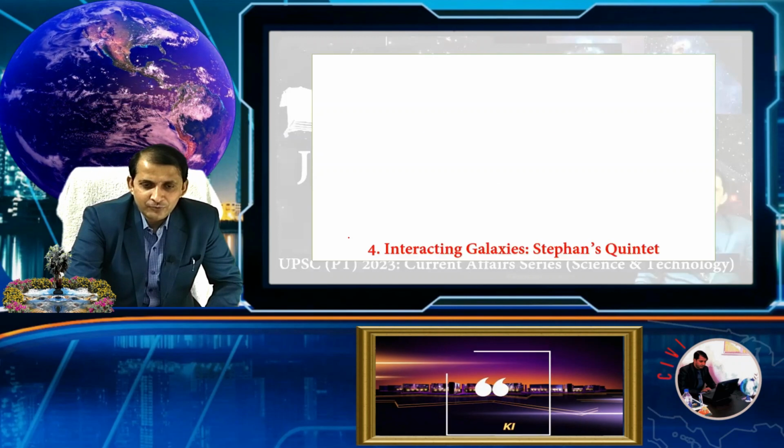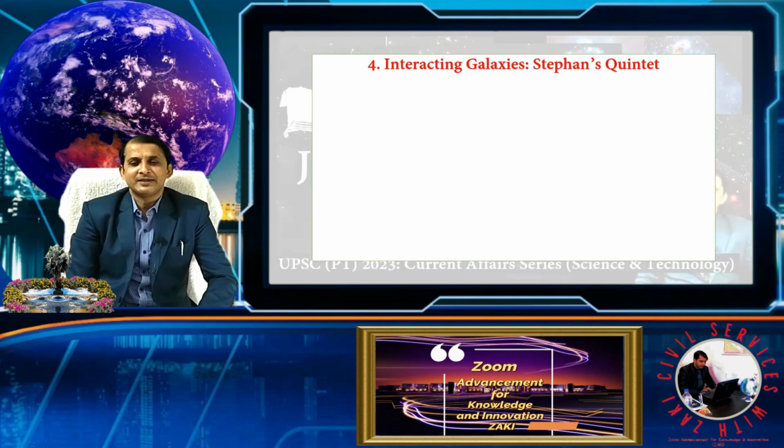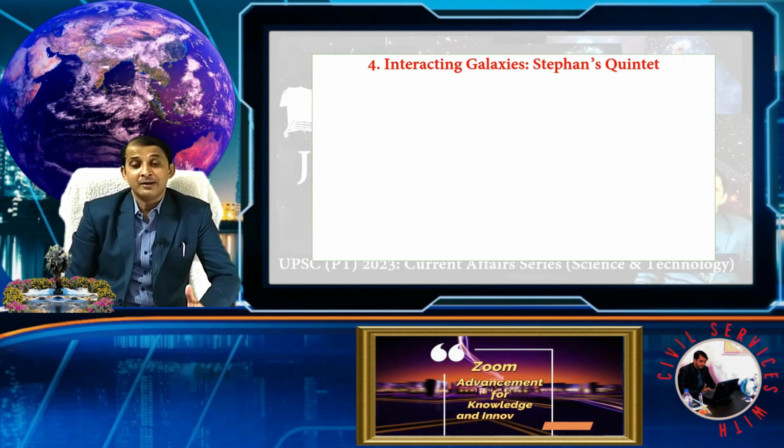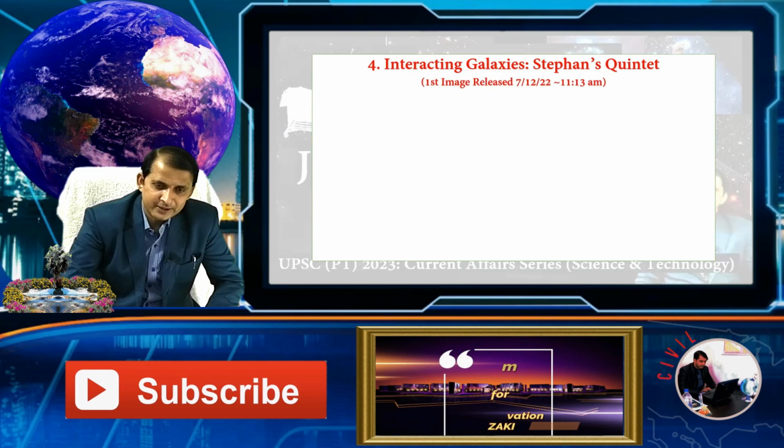So let's move forward and see the fourth image, an interacting galaxy group called Stephan's Quintet. What is Stephan's Quintet?